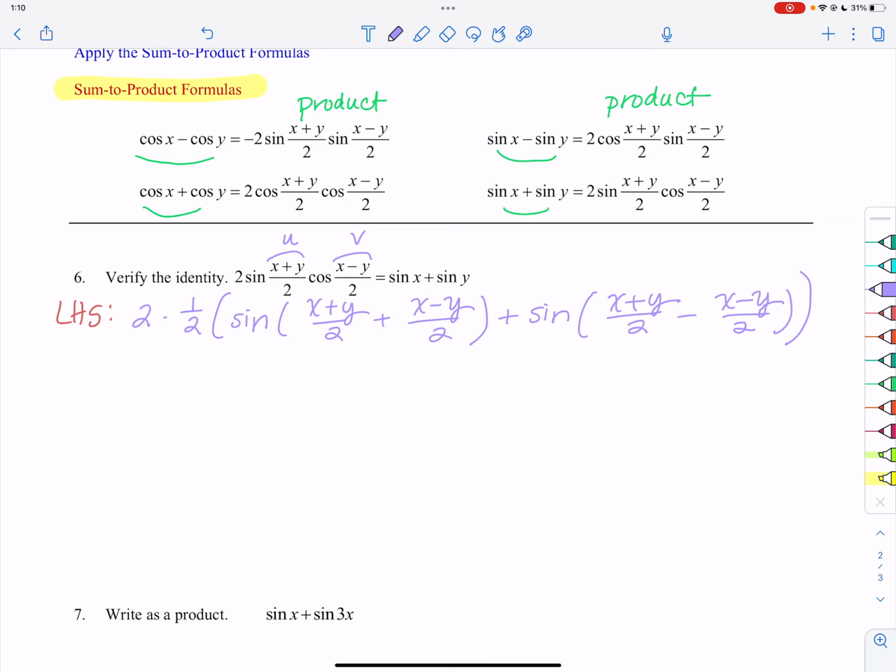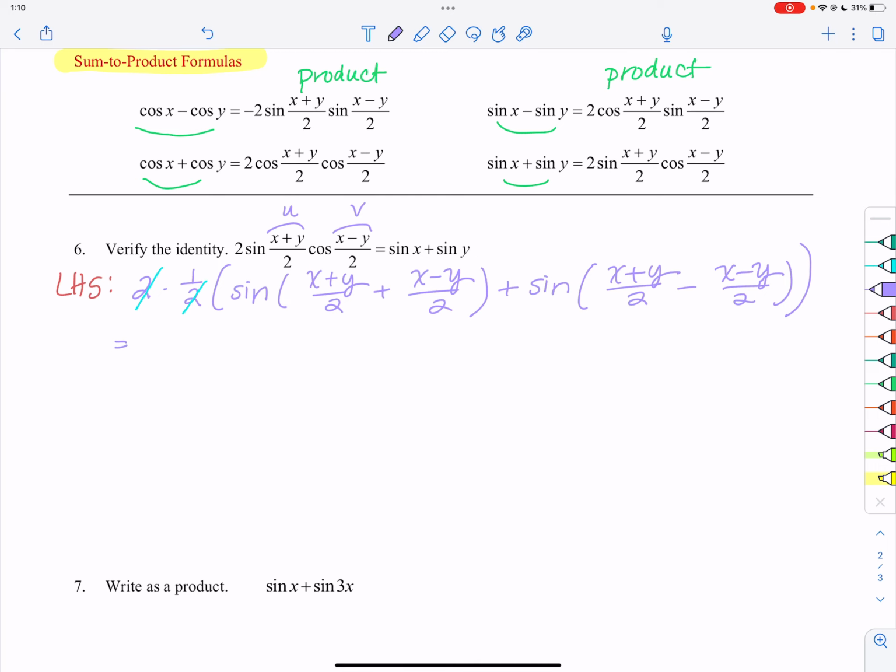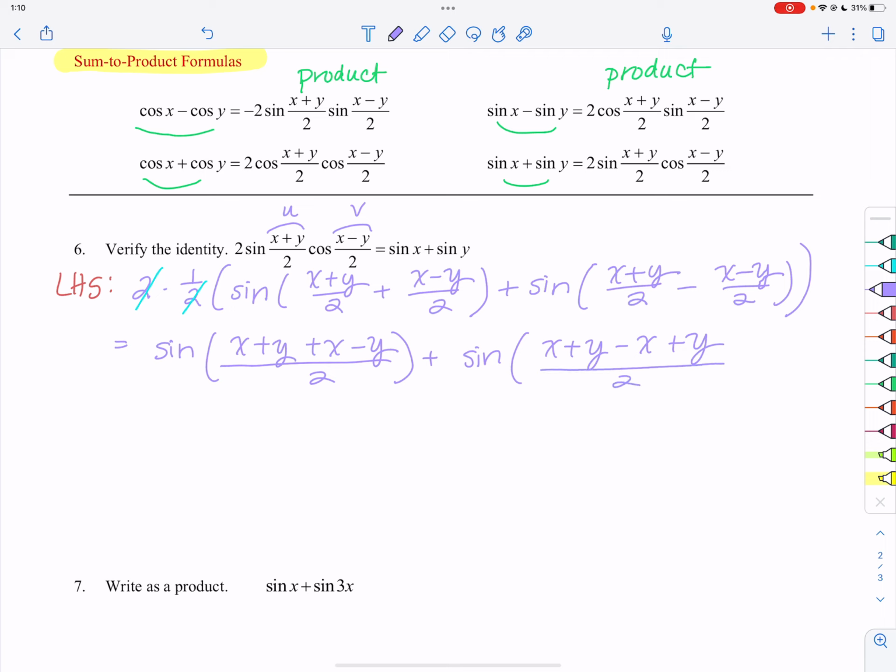So that 1/2 and that 2, they're both distributed to that entire sum. So now those cancel, and we come up with the sine of (x plus y plus x minus y) all over 2 plus the sine of (x plus y minus x plus y) all over 2.